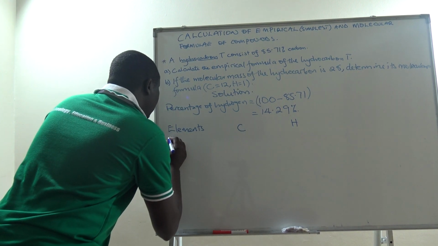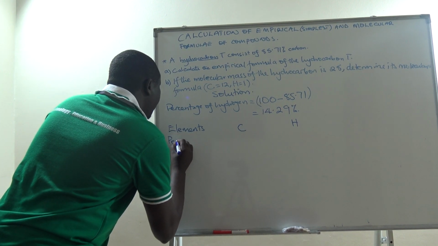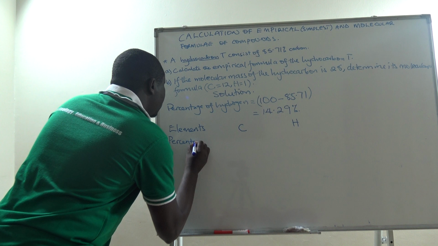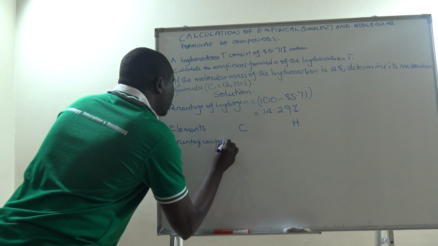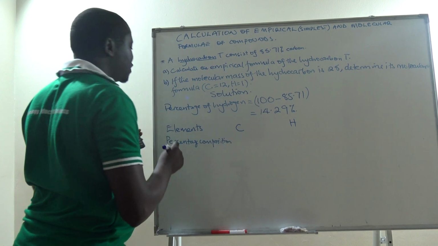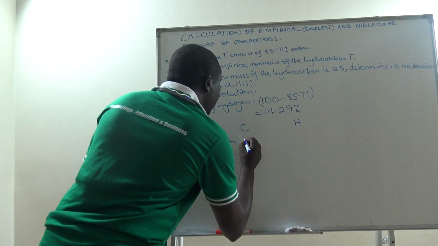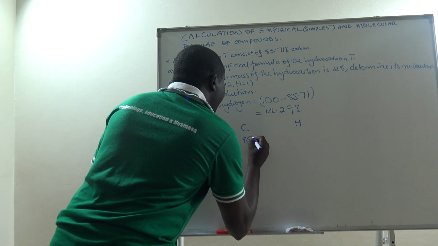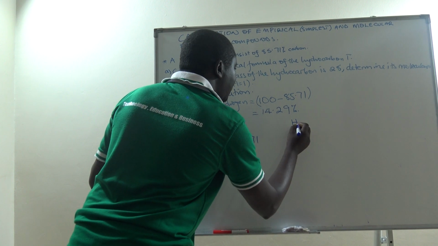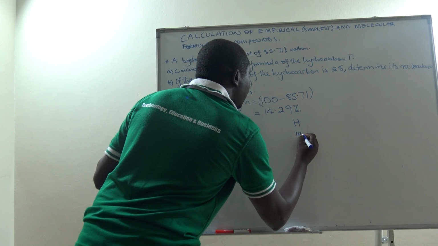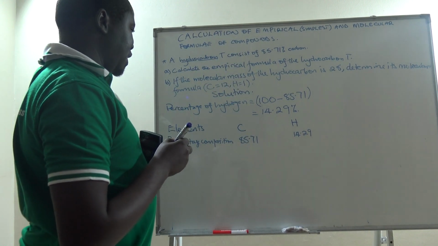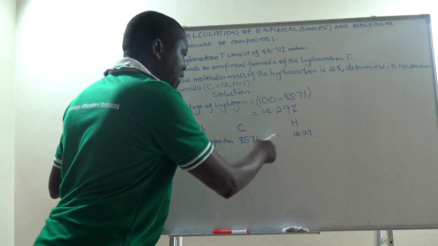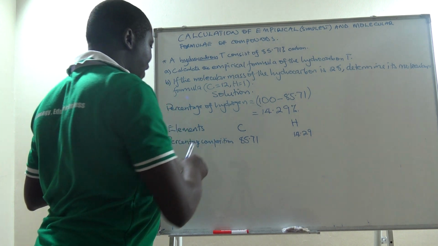Then next we need to put down the percentage composition by mass of each element. So for carbon it is 85.71 and that of hydrogen is 14.29. That's the percentage composition. There is no need for me to put percent here because I've already talked about it here.